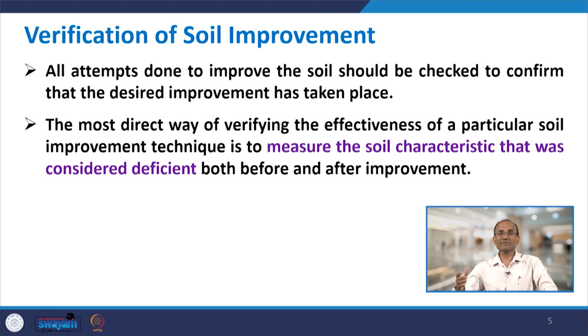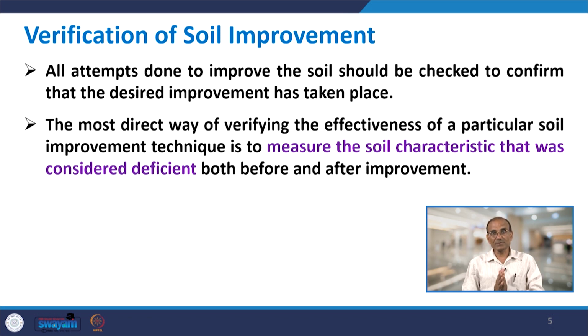The most direct way of verifying the effectiveness of a particular soil improvement technique is to measure the soil characteristic that was considered deficient, both before and after improvement. There could be some soil characteristic which was weak. For example, you may require soil improvement for a specific purpose, such as shear strength being weak, or there being more development of pore water pressure.